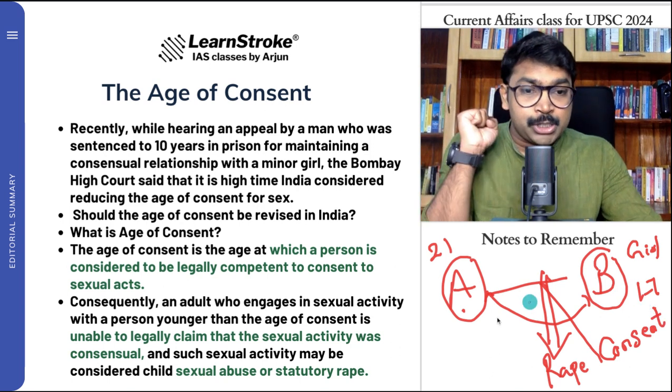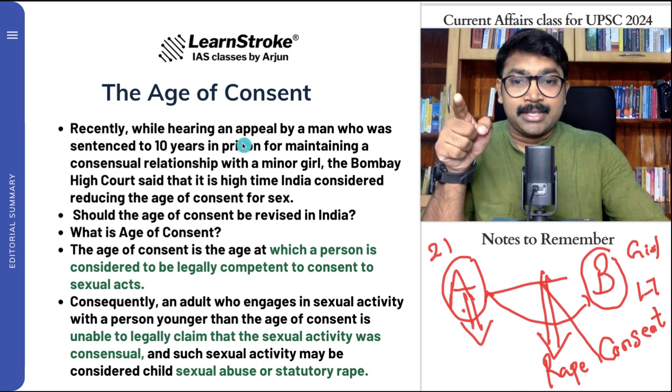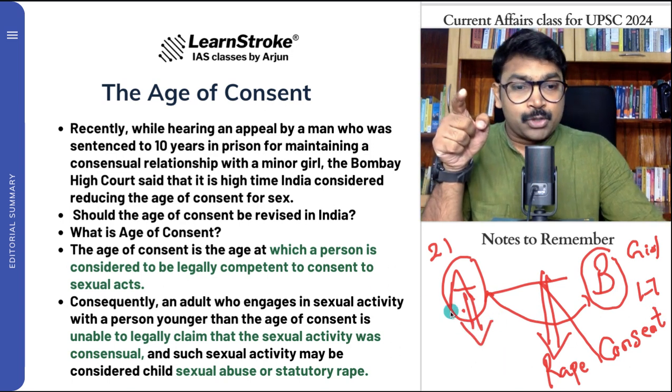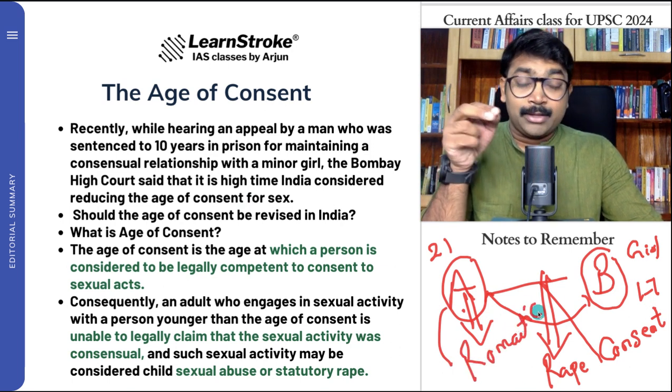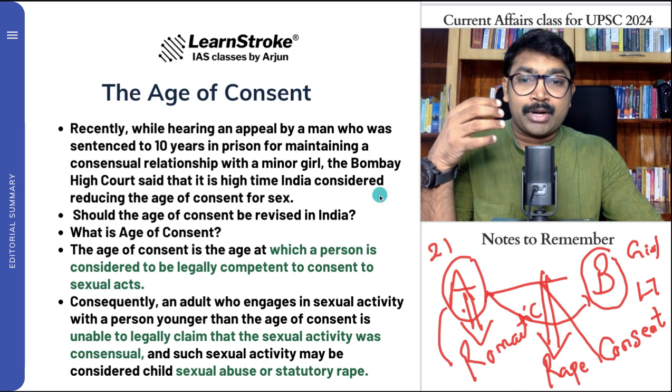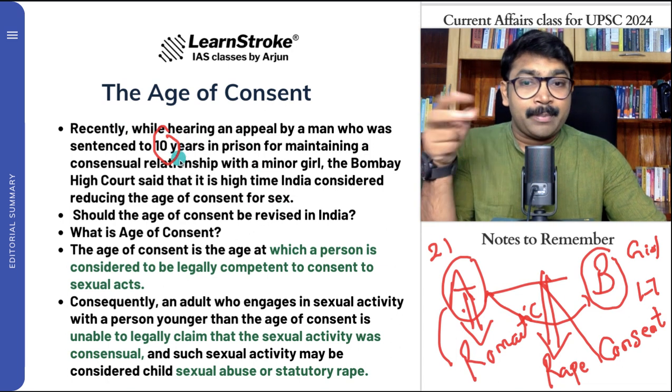It was actually consensual. But the problem is, A is being punished in India for 10 years. You should see the 10 years. And most often, we say that the majority of A and B might be involved in a romantic relationship. But what happens is, he is charged 10 years in prison for the same thing where both of them consented.